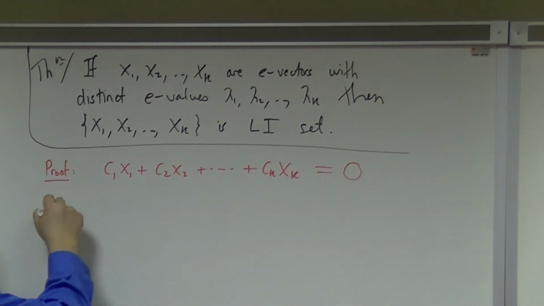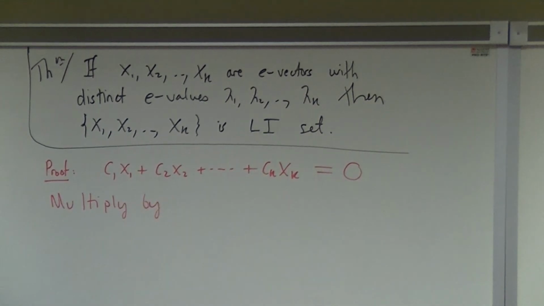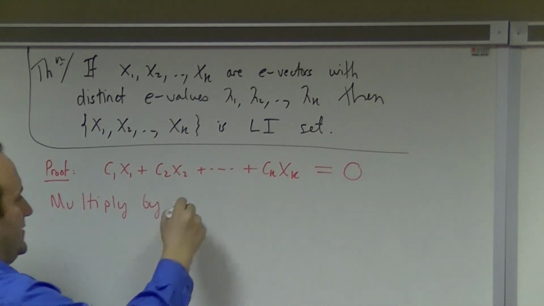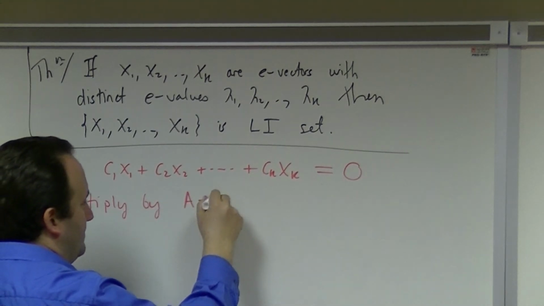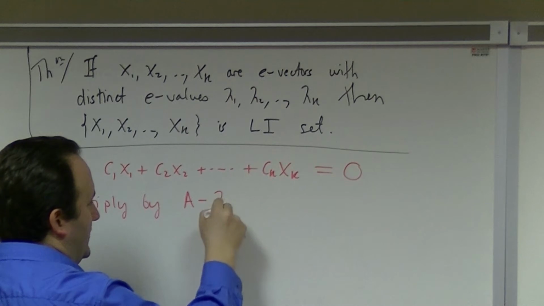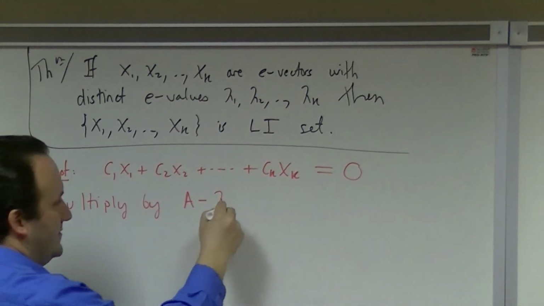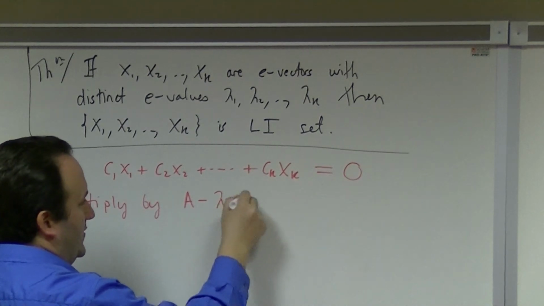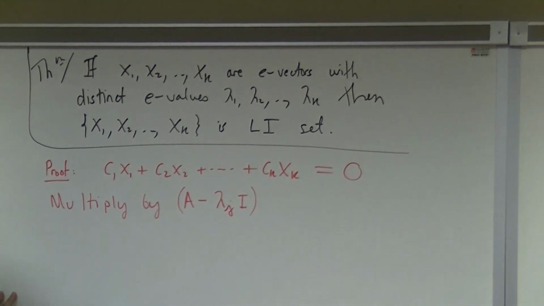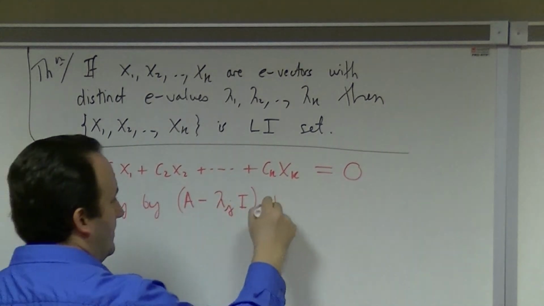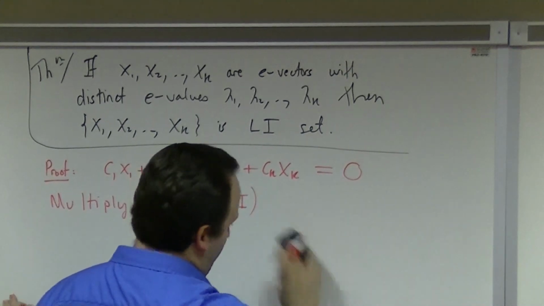Multiply this by A minus lambda, pick any lambda, let's call it lambda sub j, times I. Multiply the equation above by that.